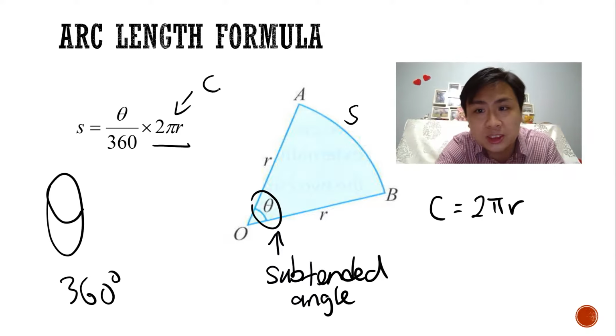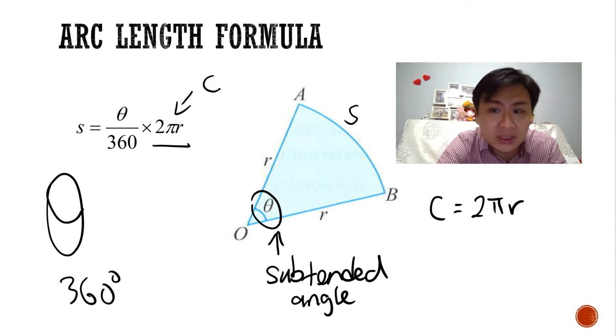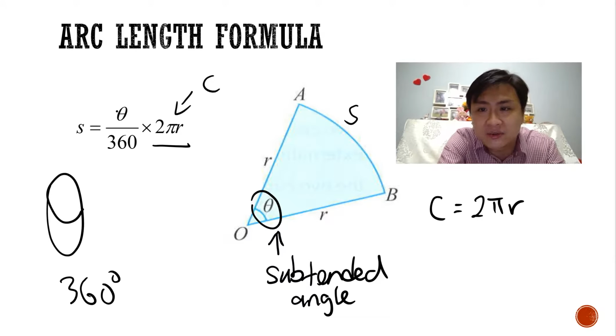So this is how we can easily remember the formula. In written form, it will be S equals theta out of 360 multiplied by 2 pi r. This is how we can remember the arc length of a circle.